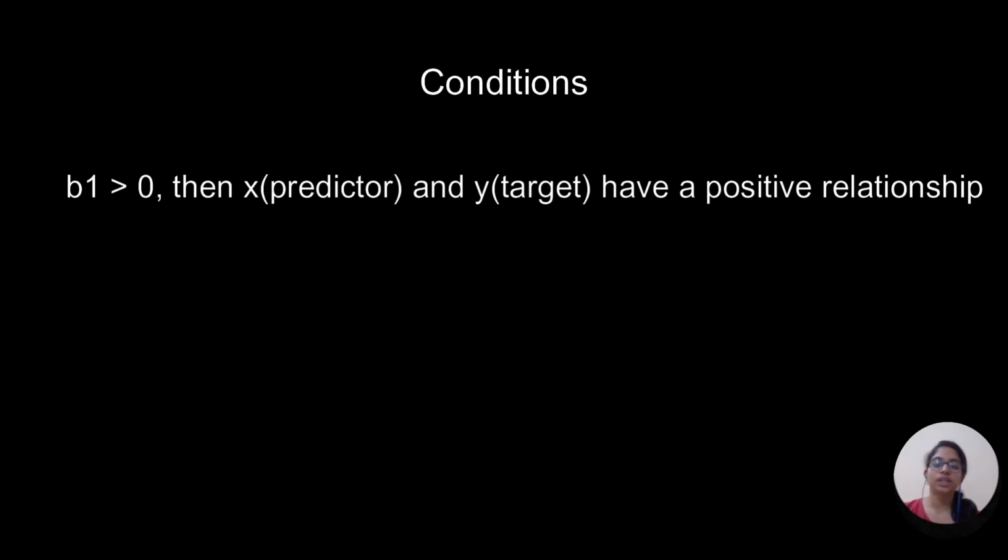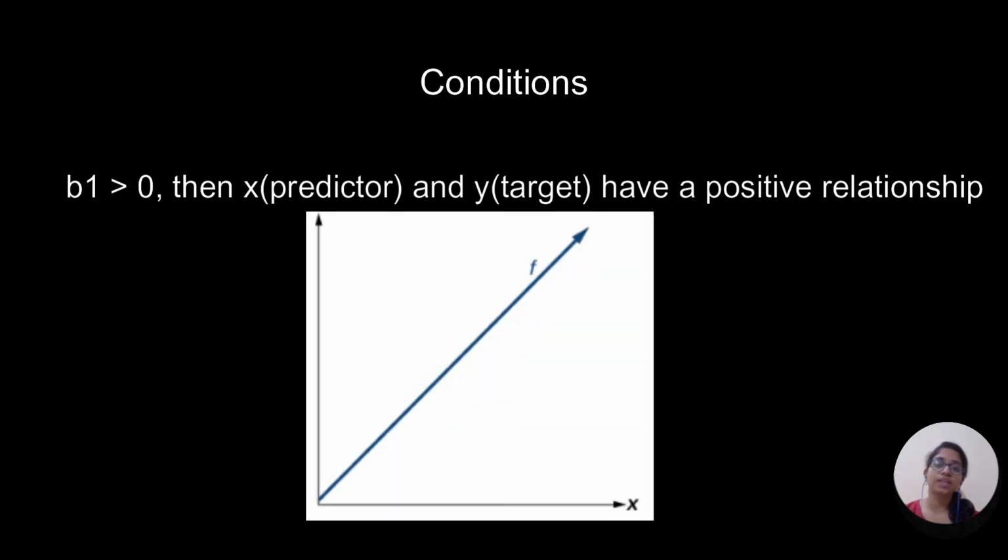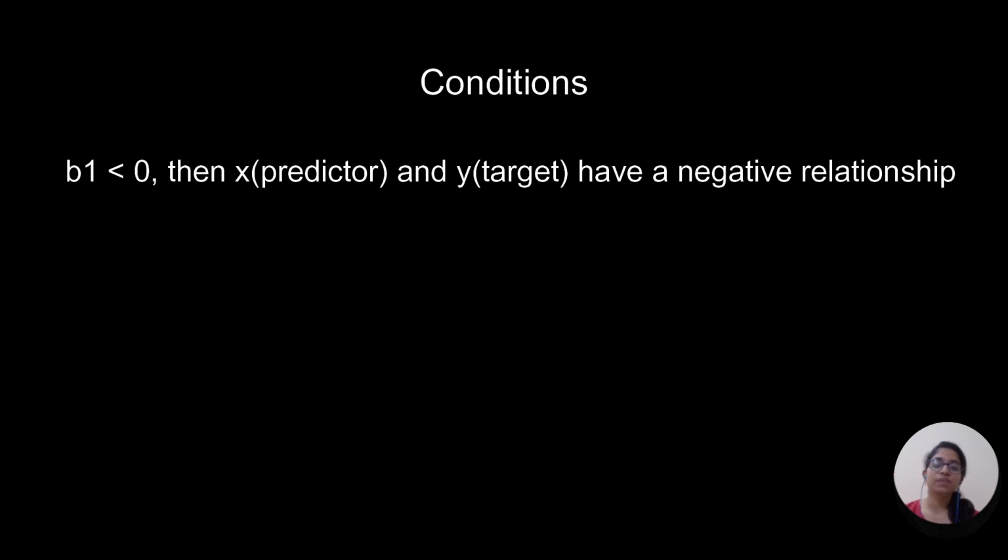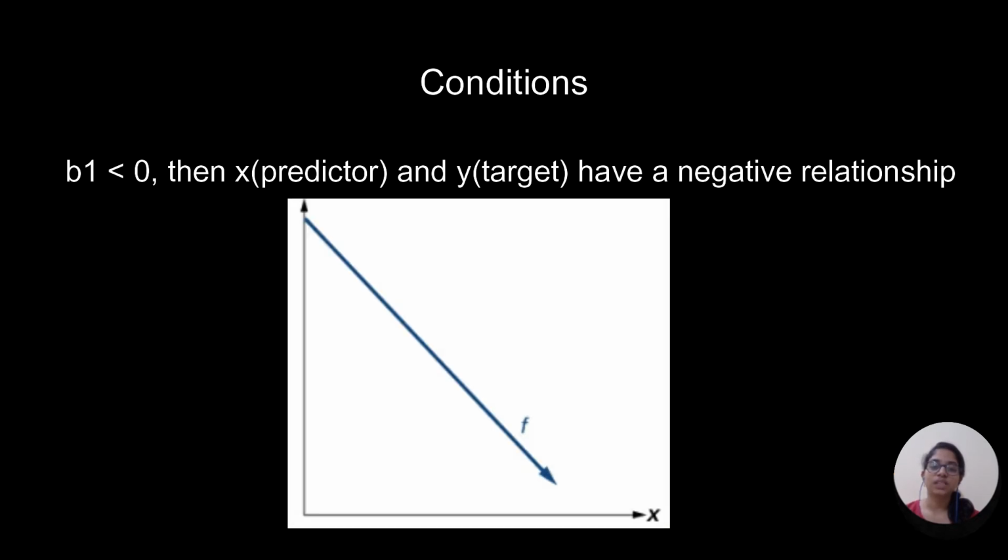First, if b1 is greater than 0, then the predictor x and the target y have a positive relationship, that is, an increase in x will increase y. Second, if b1 is less than 0, then the predictor x and the target y have a negative relationship, that is, an increase in x will decrease y.